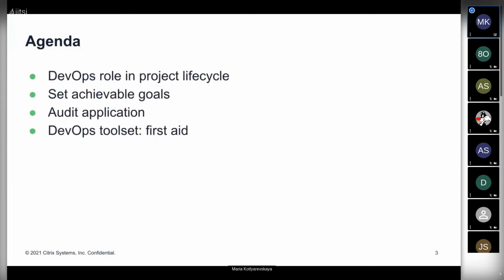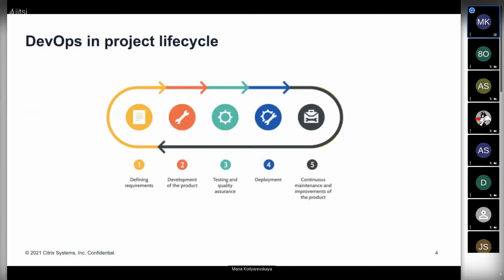What we have for today: I'm going to talk a bit about the DevOps role in a project lifecycle, how to set achievable goals, how to audit your application, and what I have in my toolset to make developers' life a bit easier.